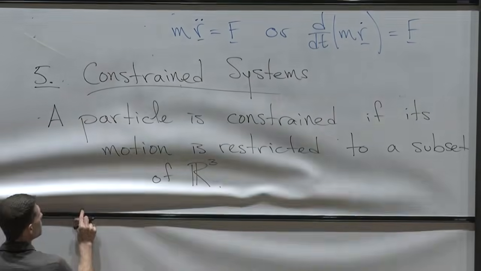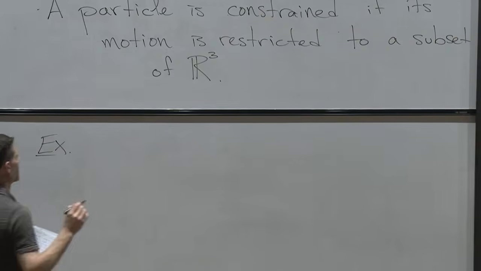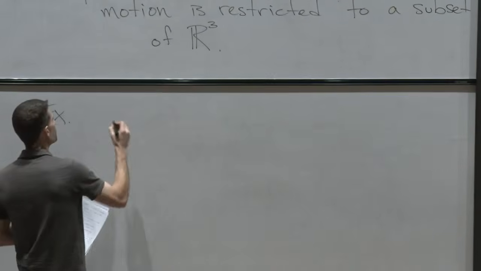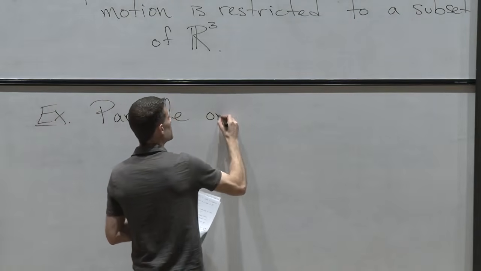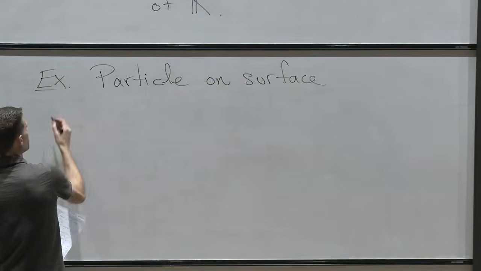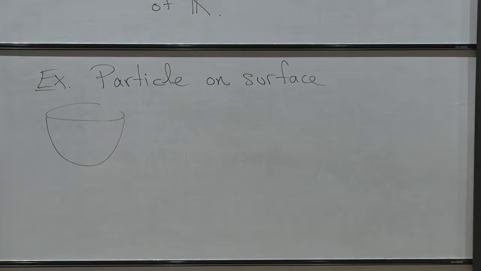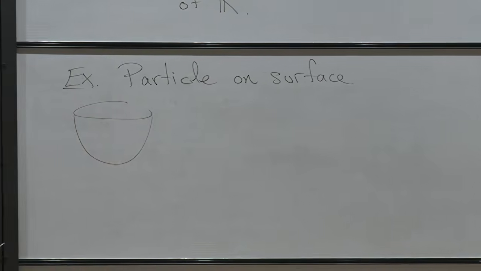So two common examples. Imagine a ball or a particle rolling on a surface. Let's take a simple picture. I take a marble and I roll the marble around in a bowl. So the motion of the marble is living only on the surface, in this case, the inside surface of the bowl.